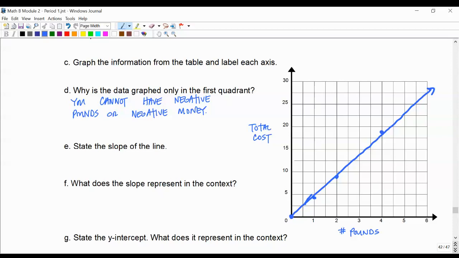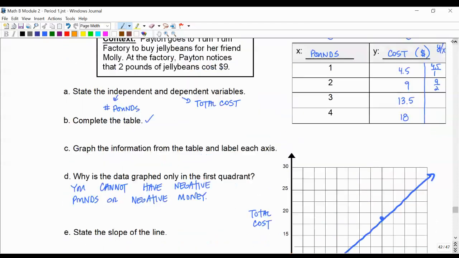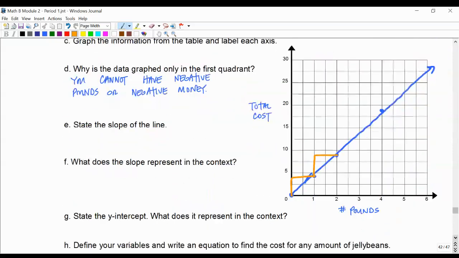E, we're going to state the slope. So the slope would be our rise over run here on our graph, or if we go into our table, our rise over run in our table, which was up 4.5 for our y and up 1 for our x. So the slope was 4.5.